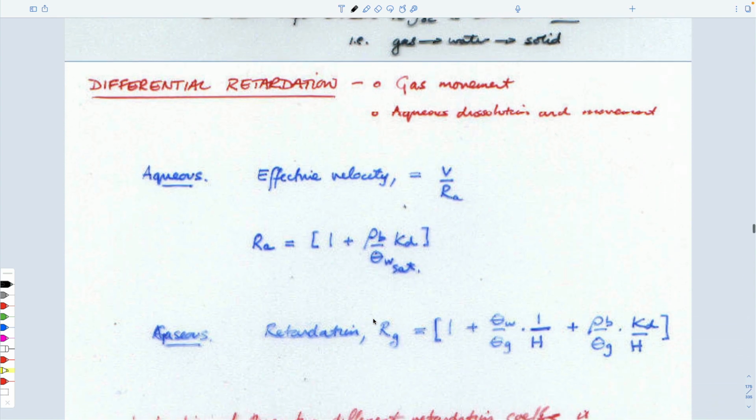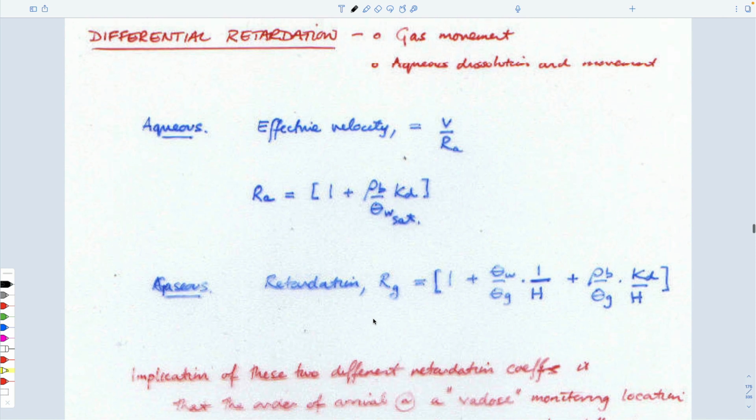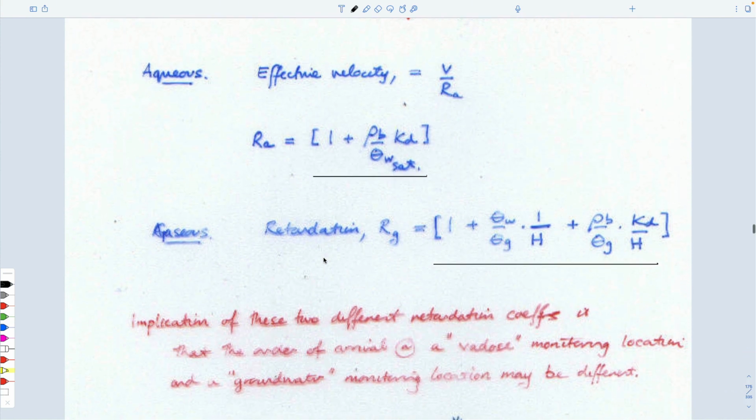All right. So that means that if we're dealing with 2 systems, potentially, we're dealing with the aqueous retardation coefficient, which is the one I just added to that previous slide, and we're dealing with the gaseous one. And so these represent different modes of transport in different parts of our aquifer.